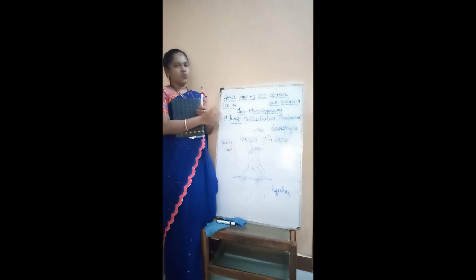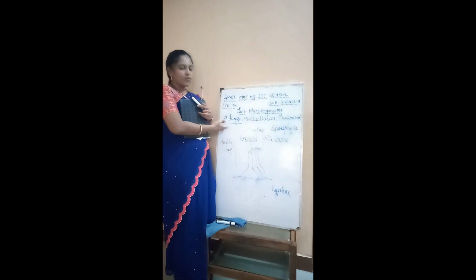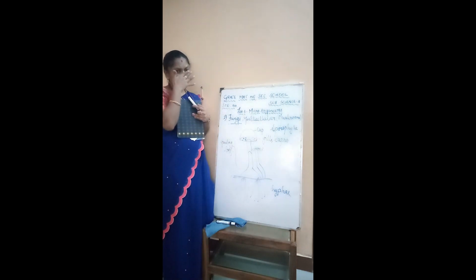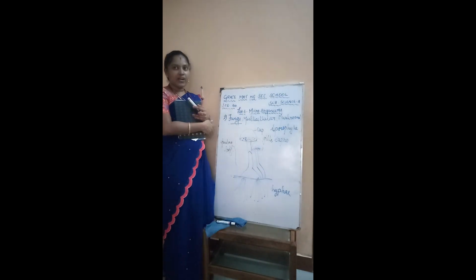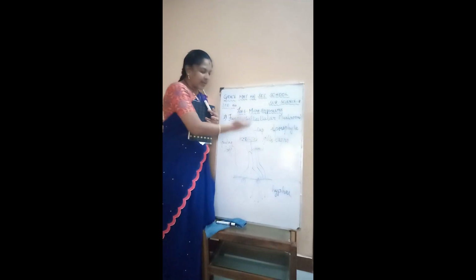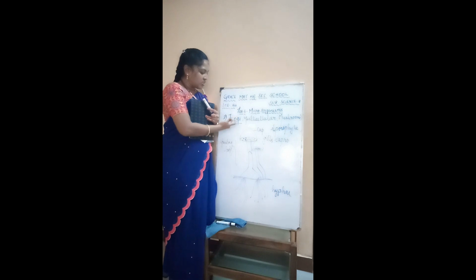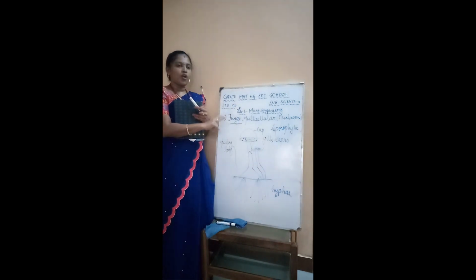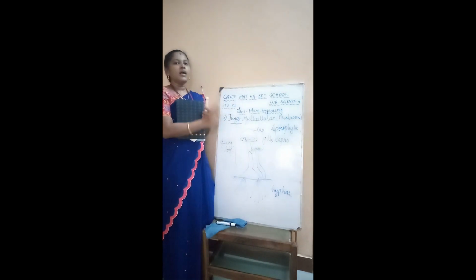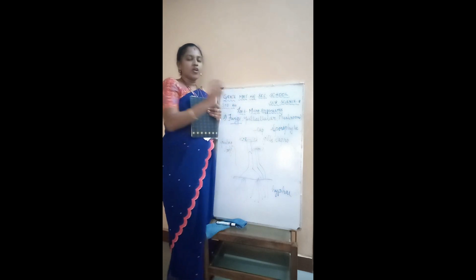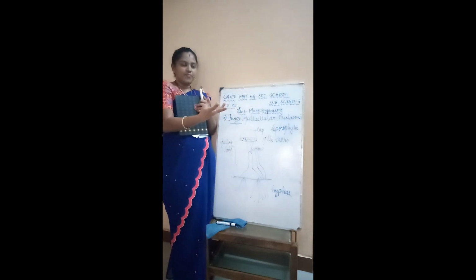Then we also learnt about the different structures of the bacteria as well as the virus. Next, third one is about fungi. The study of fungi is mycology. What is it? Mycology. It can either be unicellular or multicellular. An example for unicellular is yeast.